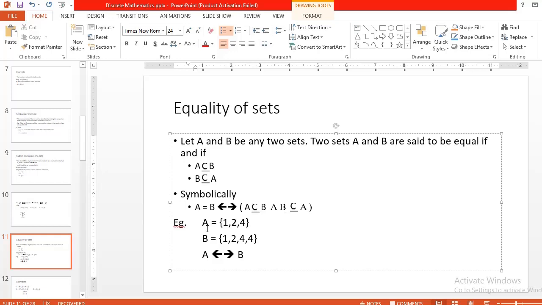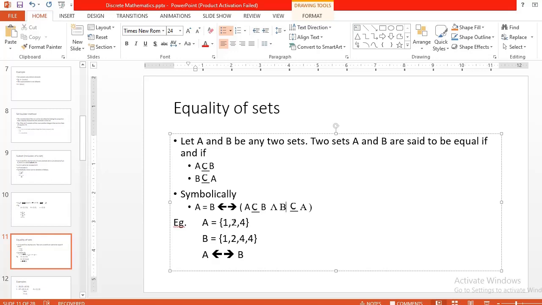Say one example. Suppose A contains the elements 1, 2, 4, three elements, and B also contains three elements, because the element 4 is repeated in the set B. So B also contains three elements, not four.